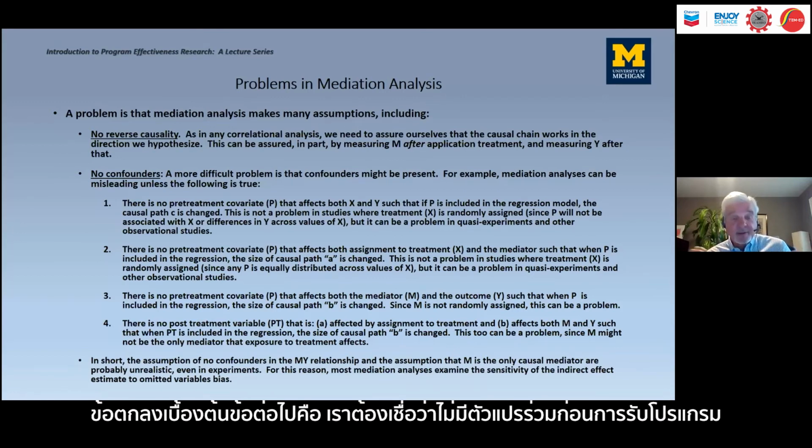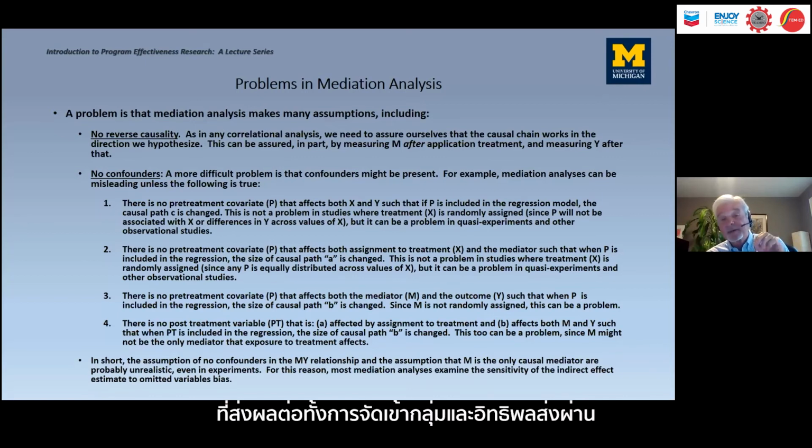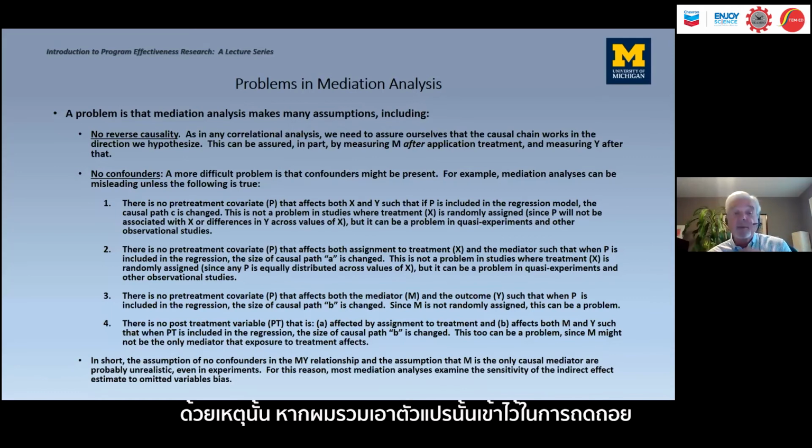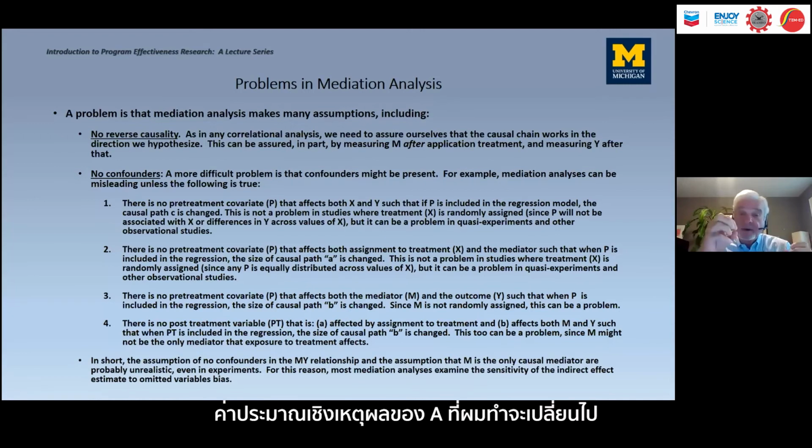The next is we have to assume that there's no pretreatment covariate that affects both assignment to treatment and the mediator, such that if I included that variable in the regression, my causal estimate of A would change.